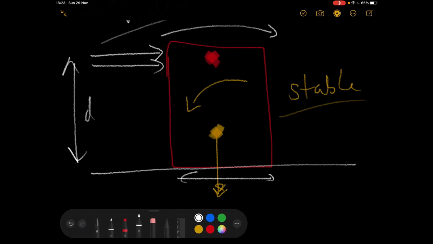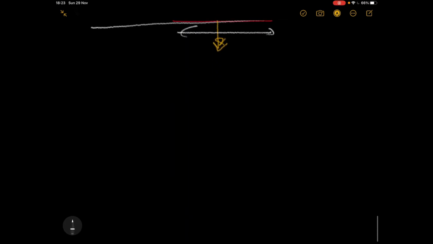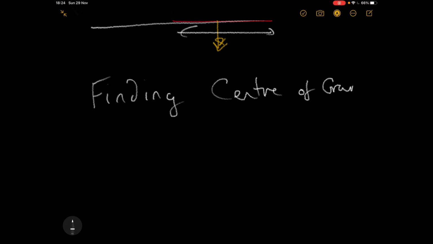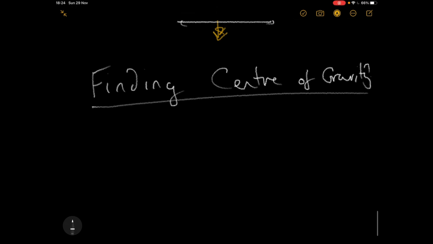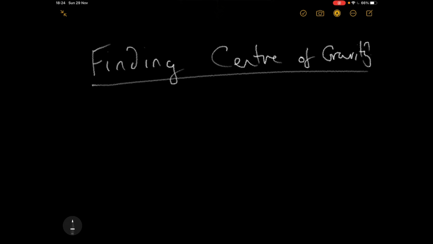So the final thing that we're going to then have to think about is, well, how do you find it? Okay, how do you find the centre of gravity? And there are two types of scenarios that might be particularly helpful. The first is if you've got an entirely symmetrical object. So if you've got a symmetrical object, fantastic.